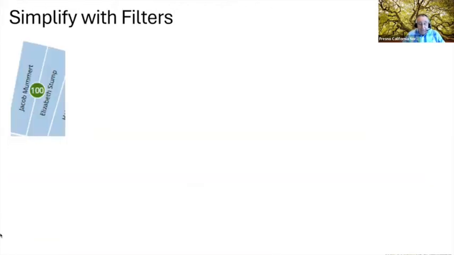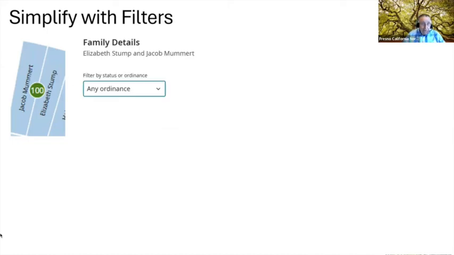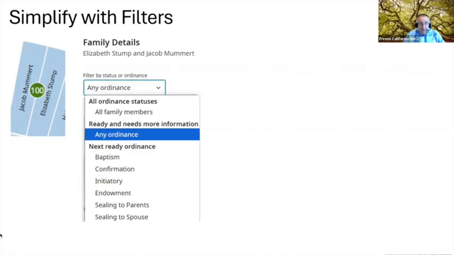Okay, so let's talk a little bit about those filters. Okay, I've shown you here where Jacob Mummert and Elizabeth Stump have at least 100 descendants, supposedly. So, right now it's set for any ordinances. If I click on that, I get this drop down. It can be changed to all family members.